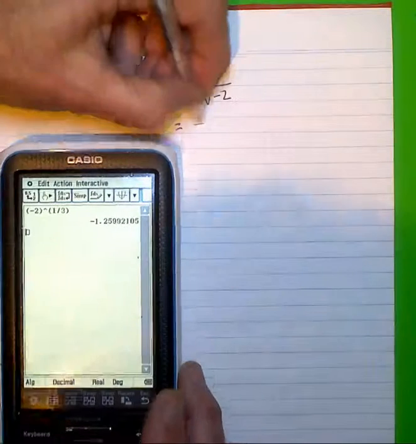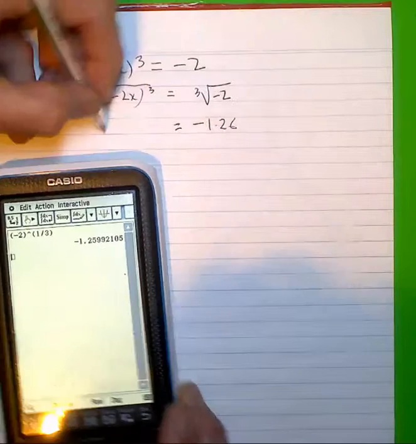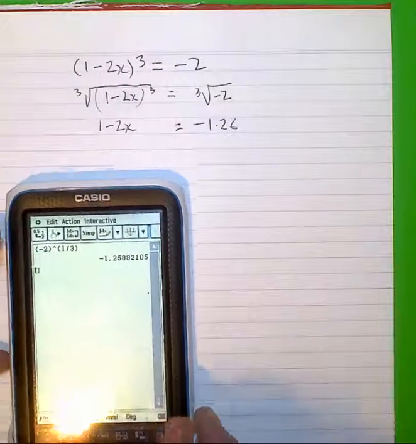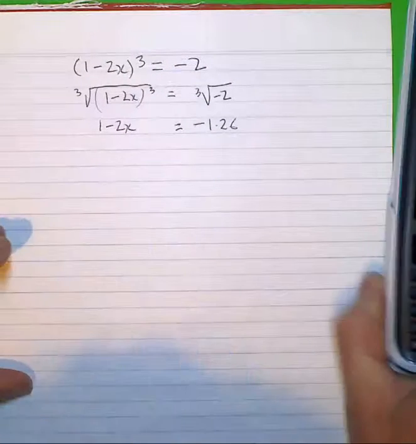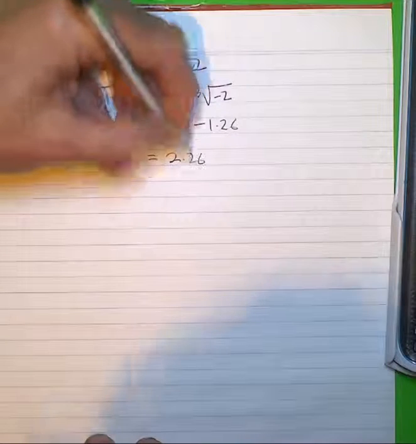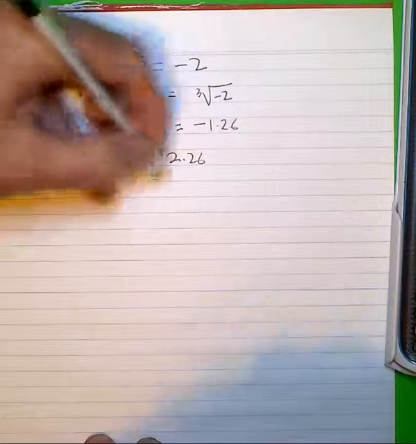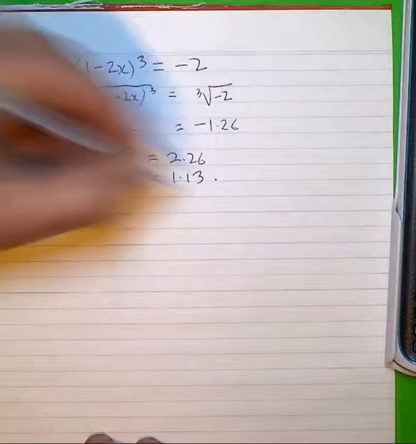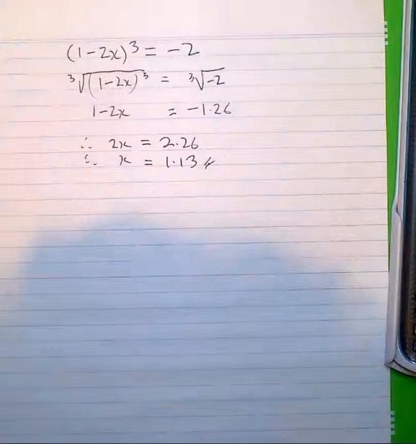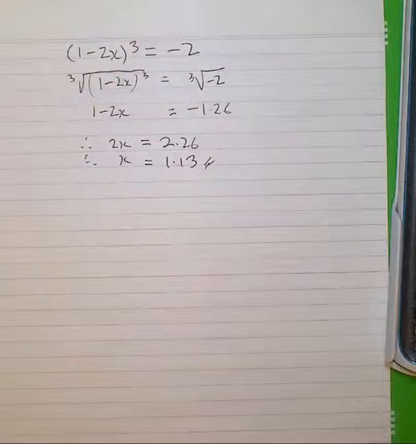And that will give me negative 1.26. 1 minus 2x is equal to negative 1.26. And 1.13 or thereabouts. And that gives you the okay to go ahead now and plot the graph.